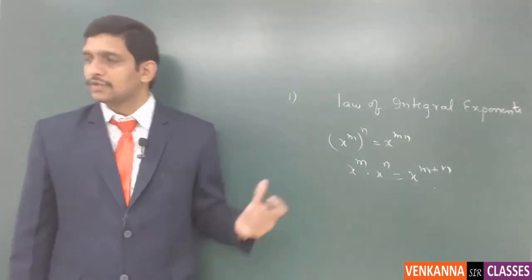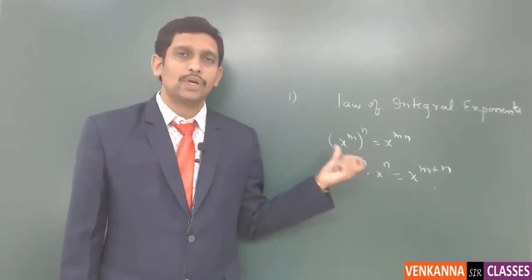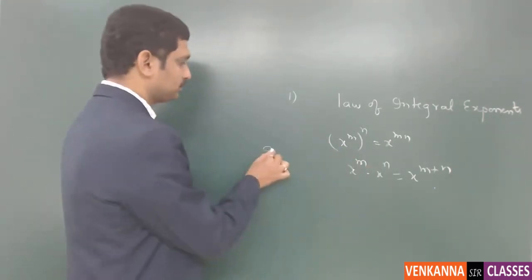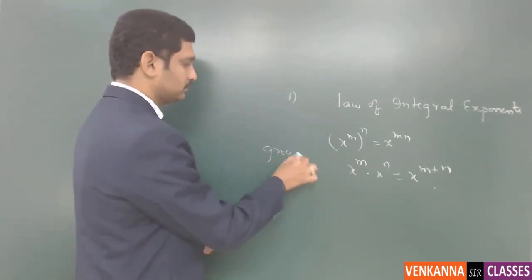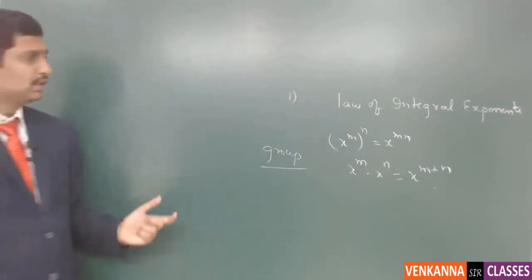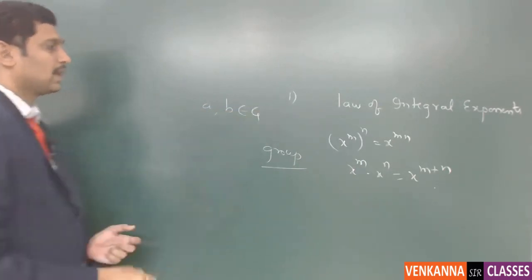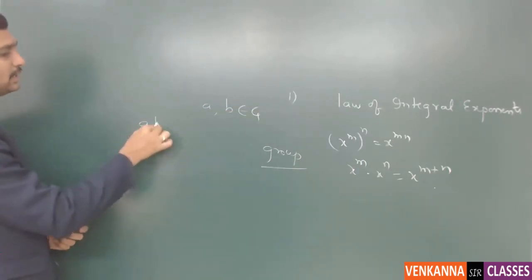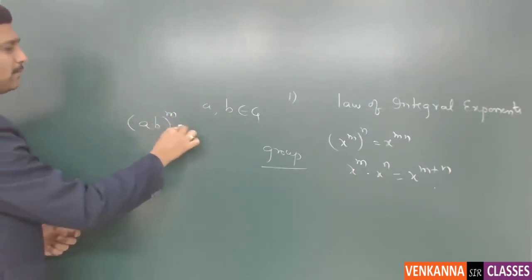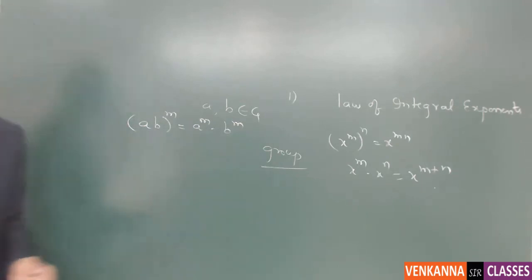So this kind of properties will hold good in a group. It means if you take two elements in a group, then we can say that (AB) power m is equal to A power m, B power m.